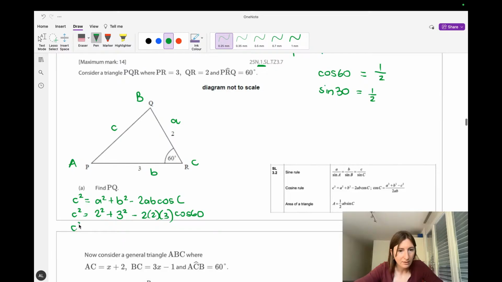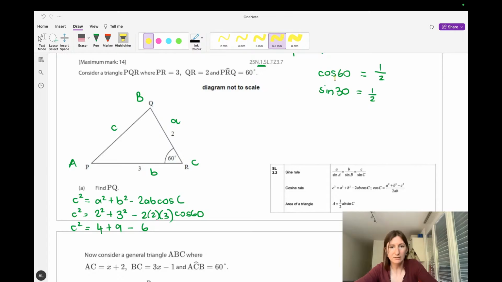Let's carry on with that. So we have 4 plus 9 minus, and this is going to be a half. So 2 times a half is just going to cancel out. So that will be 6 altogether. Maybe I will just highlight that so that it's clear to anyone who's looking at the notes later.